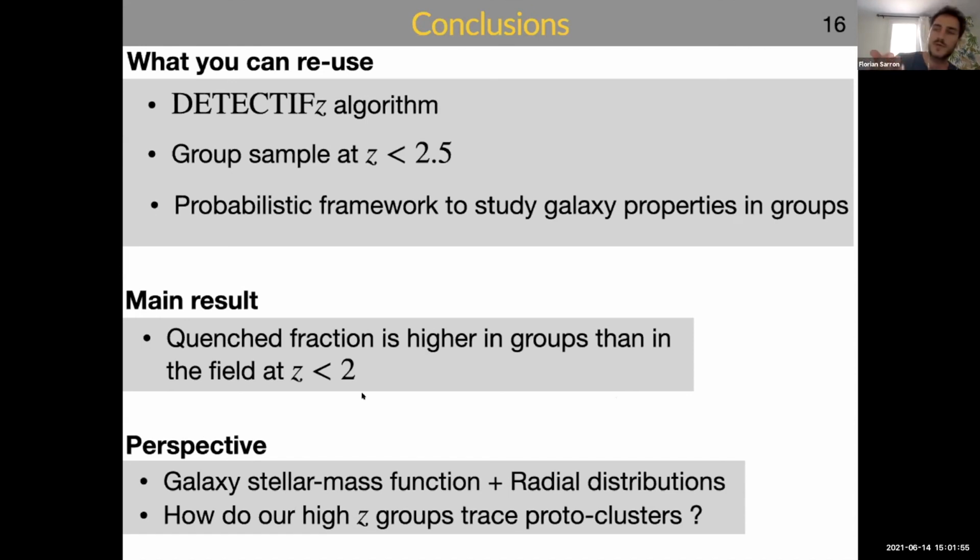And to be able to interpret this in terms of a quenching mechanism that may happen in the groups, we will compute the galaxy mass function and radial distribution. And we will investigate also at some point whether the high redshift groups that we find trace protoclusters or not. And that's it. Thank you.